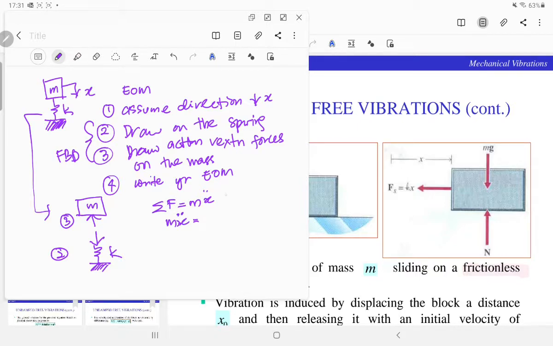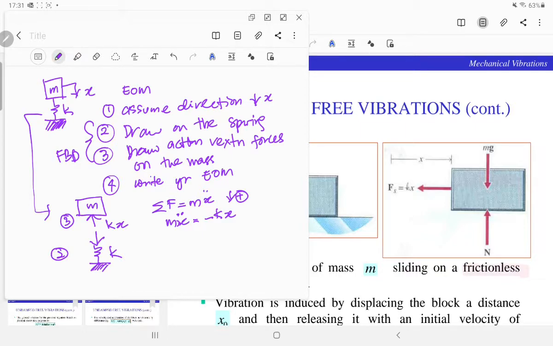Then the direction of forces going up is opposite, because going down is positive, so going up is negative. The force that comes from the spring is kx, so you have negative kx. There are no external forces, so you do not need to write any external forces. There is only one force.